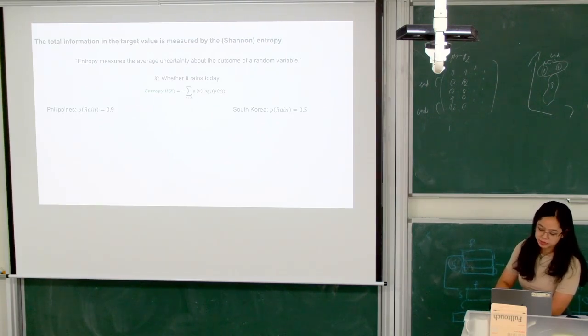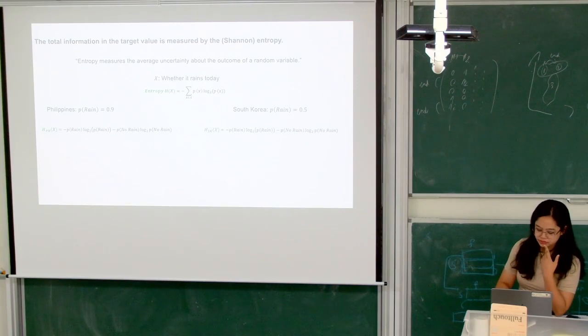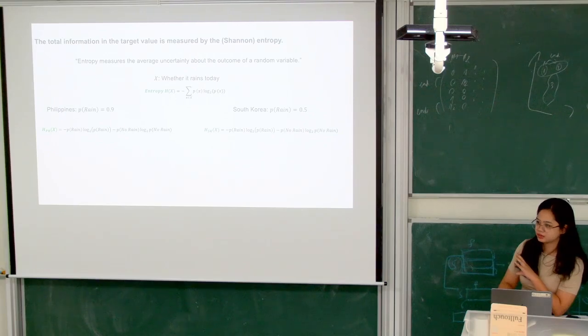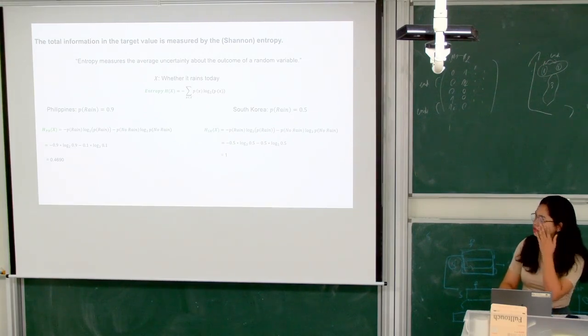We simply plug these values into the formula for entropy. It is straightforward. And let's look at the final values. In the case of the Philippines, it's 0.4690, and in South Korea, it is equal to 1.